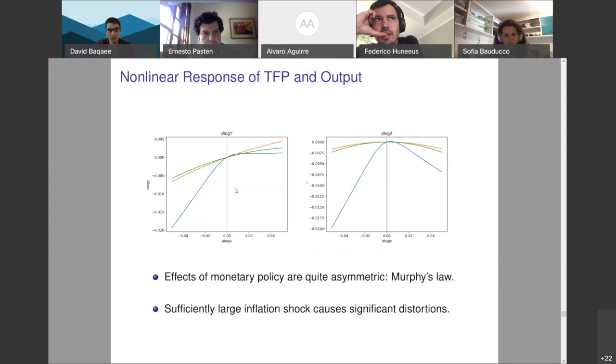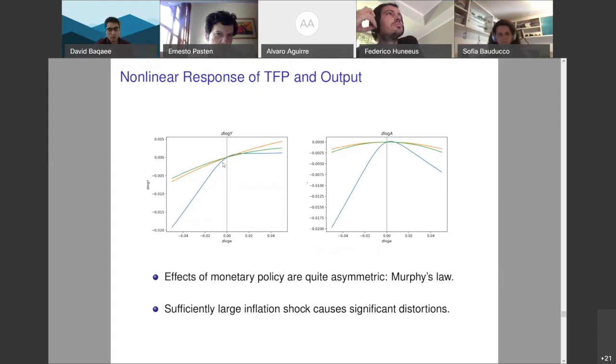So again, what we have here is the green is sort of the traditional model. The yellow is the model with real rigidities and no heterogeneity. And the blue is the model with heterogeneity, real rigidities, and price stickiness.